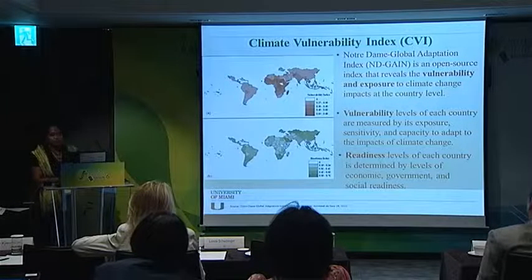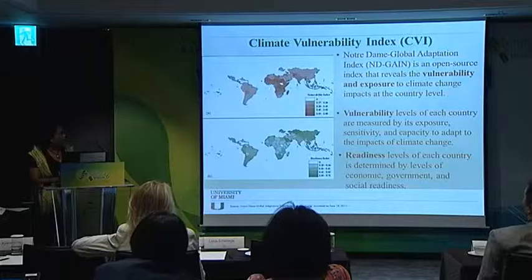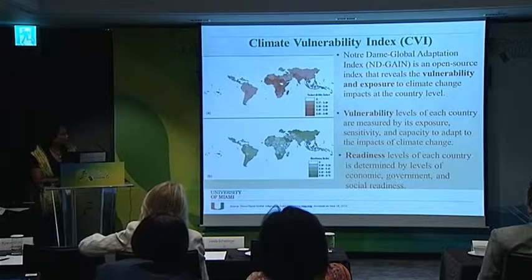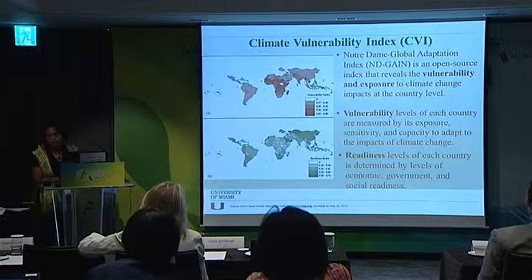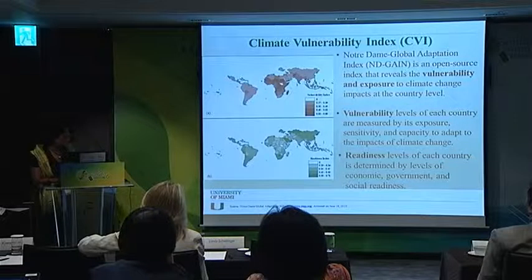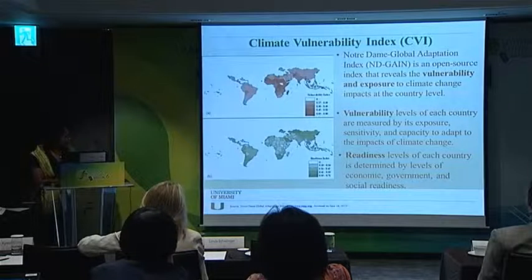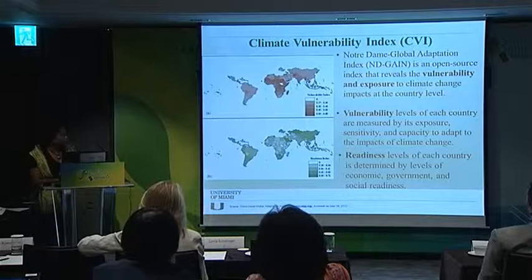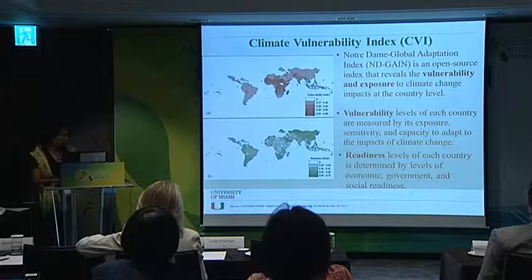If you remember, central and sub-Saharan Africa is the region with a high gender gap, and it again stands out as highly vulnerable to climate change. Here the lighter colors mean a lower readiness score, that is, these countries are less ready to adapt to climate change.